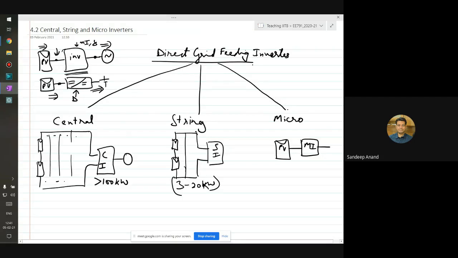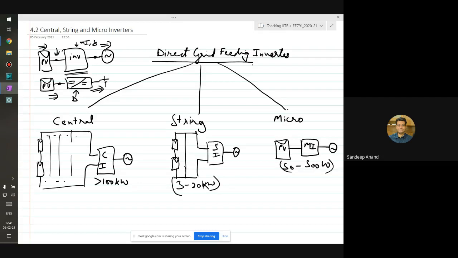So all of them connect to the grid. All of them are grid feeding. Here, because it only connects to one panel, the typical power is about 250 or 300 watt peak, but roughly it could vary from 50 to 500 watt. Now this is the basic classification.